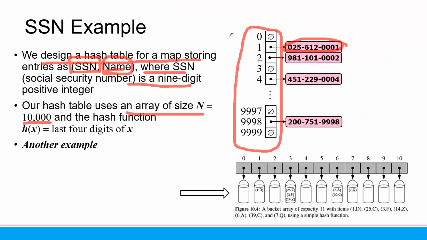So we have only a limited range from 0 until 9999. Why? If n is 10,000, it means the last index will be 10,000 minus 1, which is 9,999.